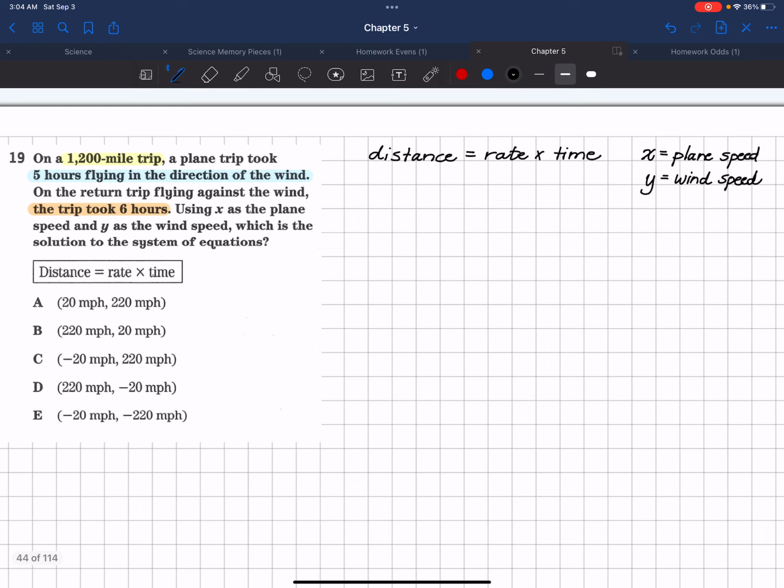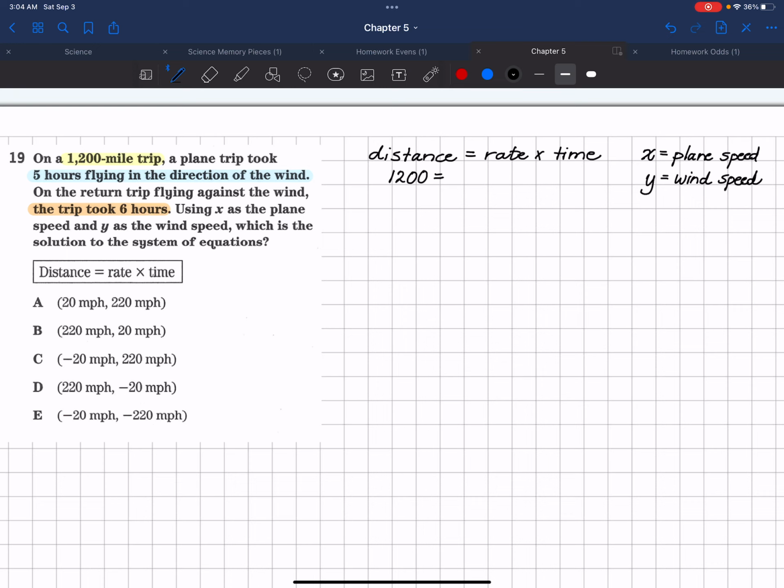So we have what we need here to solve this problem, but it's tricky. We know the distance is 1,200. And we know that the time varies.